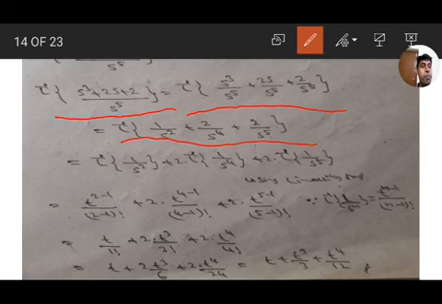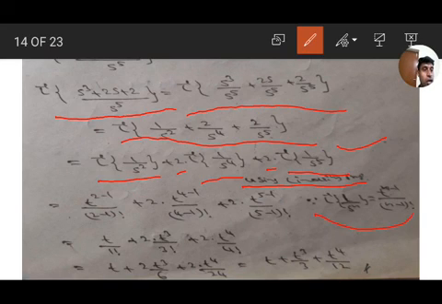Using the linearity property: first L inverse of 1 by s square, then 2 is the coefficient outside L inverse of 1 by s to the power of 4, and 2 is the constant outside L inverse of 1 by s to the power of 5. Same formula: L inverse of 1 by s to the power of n is t to the power of n minus 1 by (n minus 1) factorial. In the first one, 1 by s square, n equal to 2, so t to the power of 2 minus 1 by 2 minus 1 factorial, coefficient is the same.